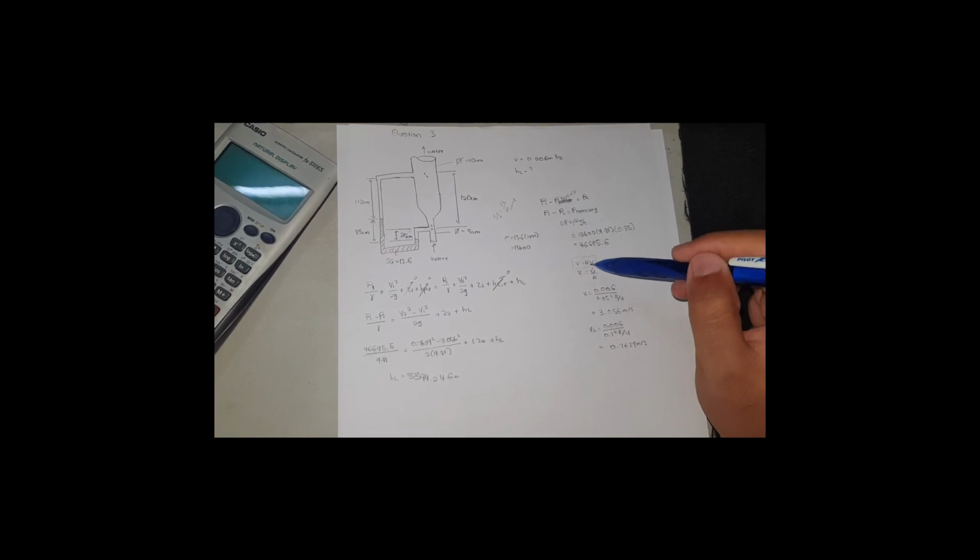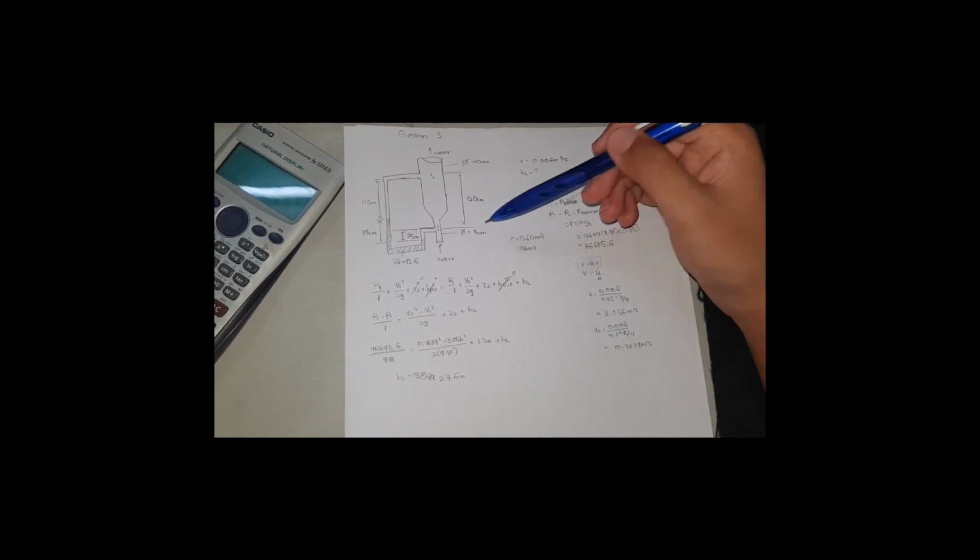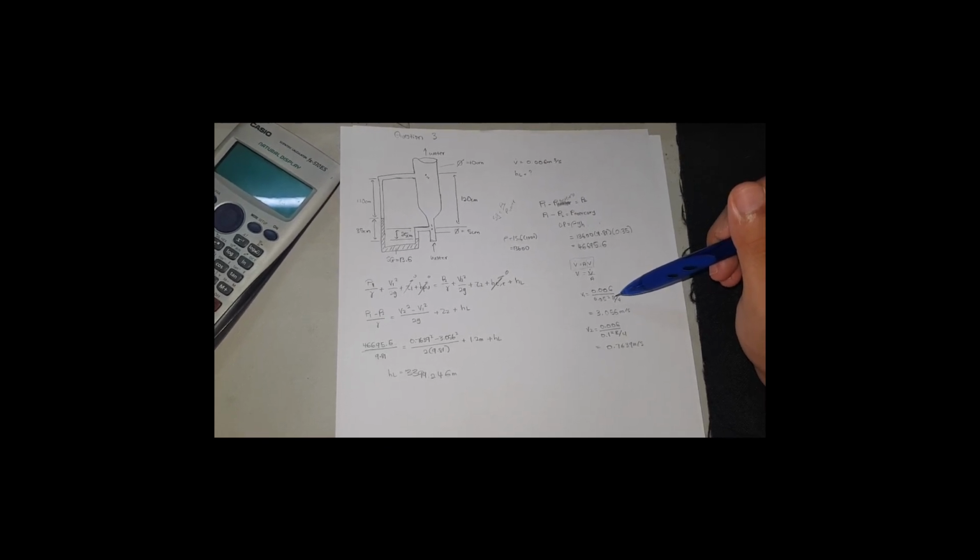So we get the equation V equal to V dot over A. The V1 is here, so we change the centimeter into meter as usual. We get 0.006 over 0.05 square times pi over 4, and we get the answer 3.056 meter per second.